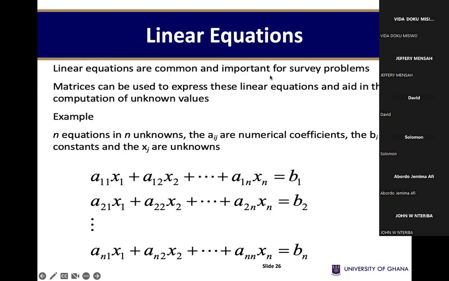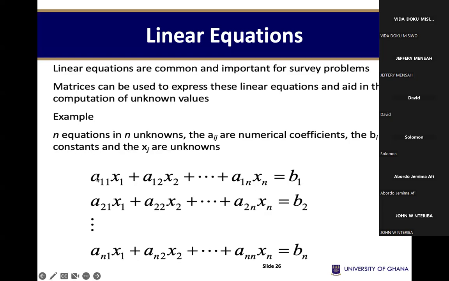Linear equations are common and important for survey problems. Matrices can be used to express these linear equations and aid in the computation of the unknown variables. Anytime you have a set of linear equations, we can represent them in matrix form as AX equals B, where A is what we refer to as the matrix of coefficients.